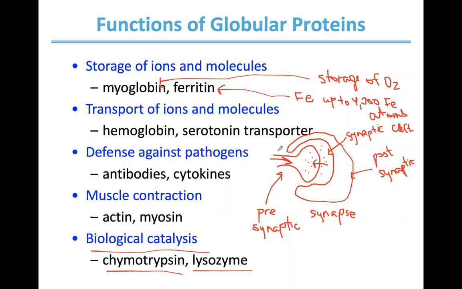Any questions? So you can see there's actually a lot to study for us, but we will focus primarily on these two, hemoglobin and myoglobin, sort of classical transport proteins, which have been studied for many, many years.